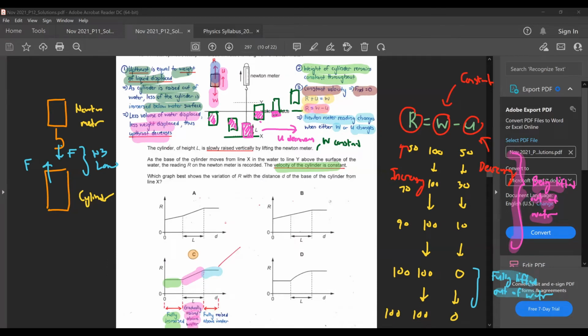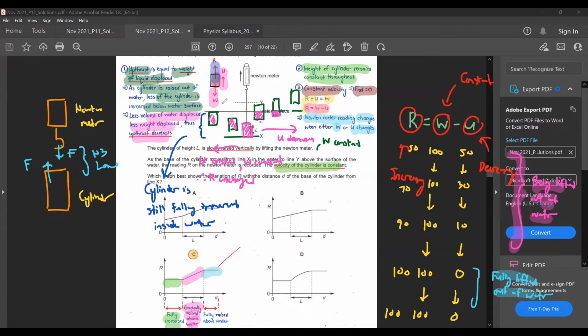If I do it like this, upthrust remains constant, W remains constant, therefore R is unchanged. This is under the assumption that the cylinder is still fully immersed inside the water.